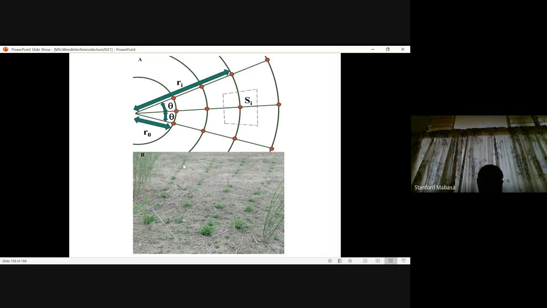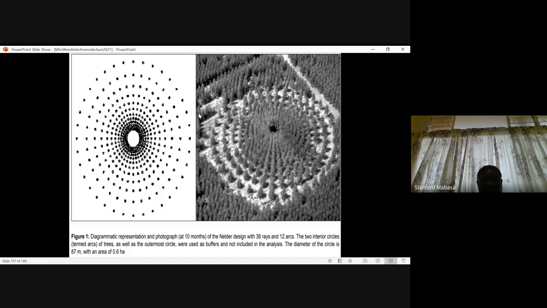I just want you to appreciate this picture of these rings. You can see these trees which have been planted. Again, the Nelder plot. You can see as you go inside toward the center, the distances are very close.